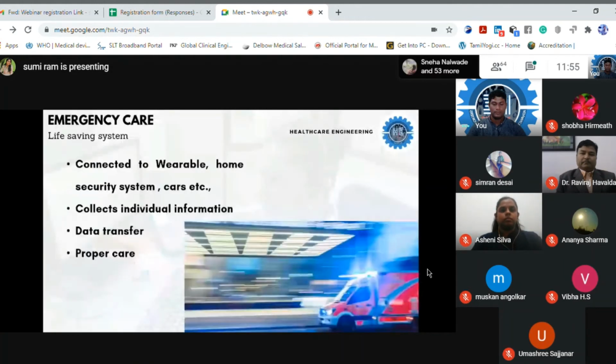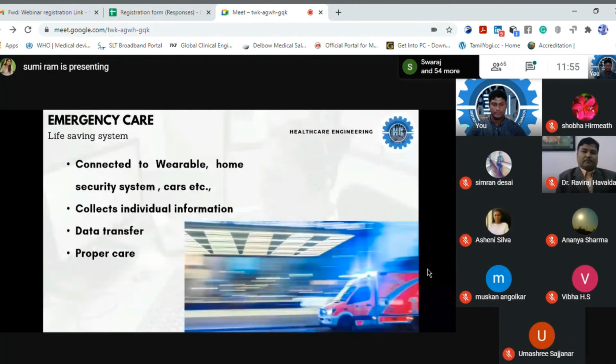And the final one is the emergency care, which is a life-saving system. So the major goal of emergency care is to save time and improve patient care. So the life-saving system is connected to wearables, home-based security systems, cars, etc. to collect all the information such as name, health profile, blood group, and other necessary information of a person, and these data can be stored in the cloud.